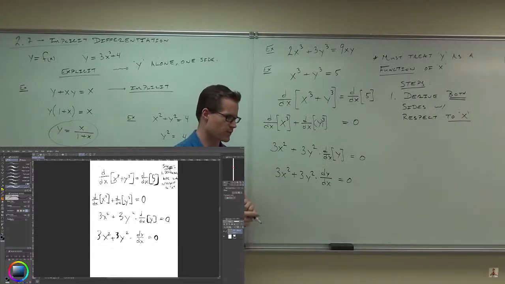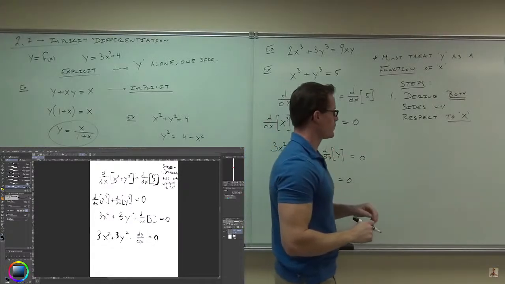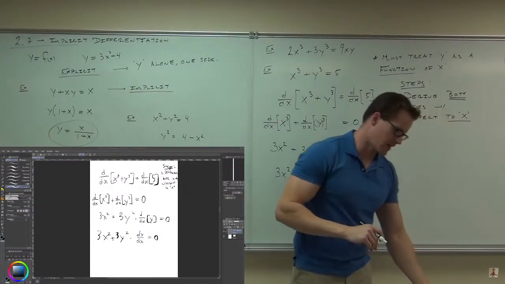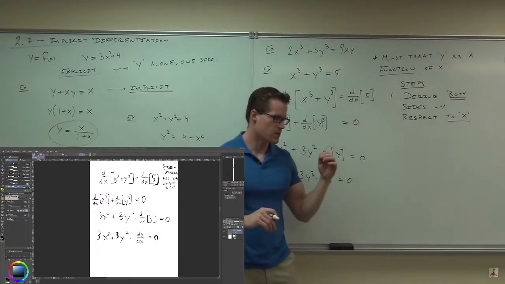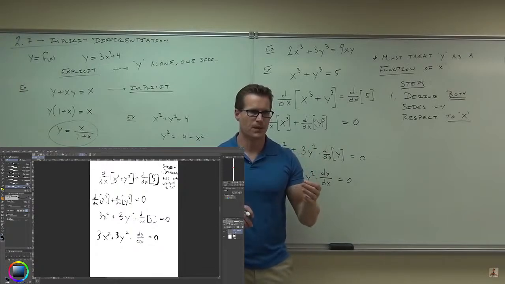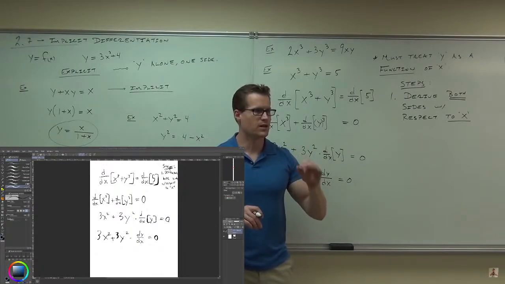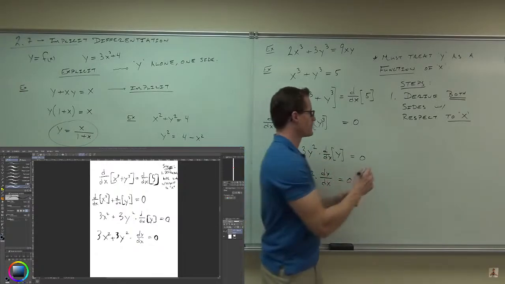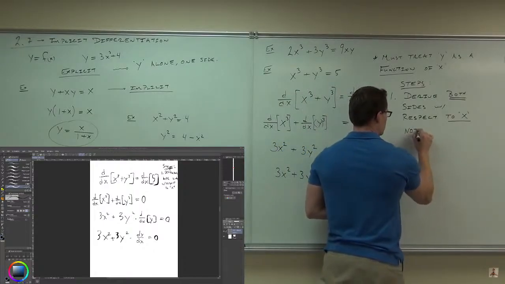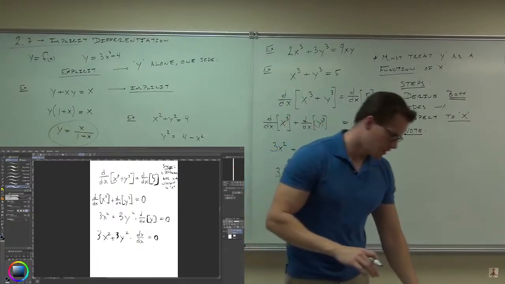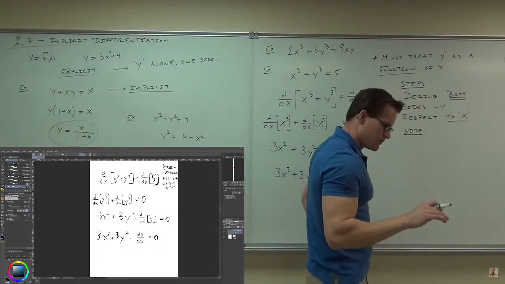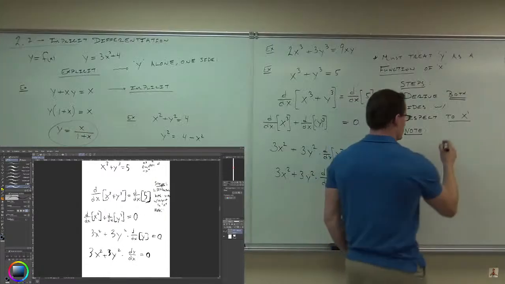So here's the whole thing for you. You take a derivative of both sides with respect to x. Since you're treating y as a function of x, every time you take a derivative of y, every time, you must get a dy dx. That's really the only important note for today. Everything else works the same.